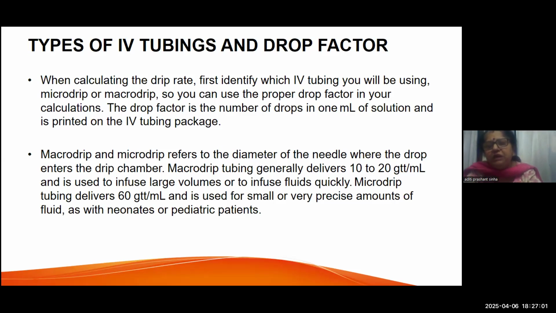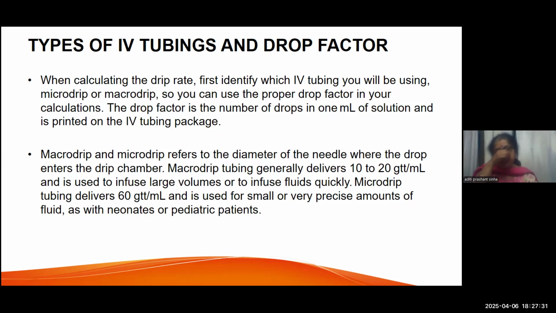So 10 to 20 drops per ml, and it is used to infuse large volumes or to infuse fluids very quickly. Micro drip tubing delivers 60 drops per ml and is used for smaller, very precise amounts of fluid, as we use for pediatric patients, neonates, and infants, where you need to give an accurate micro drip so that fluid overload does not take place when we administer the medication. Fine.